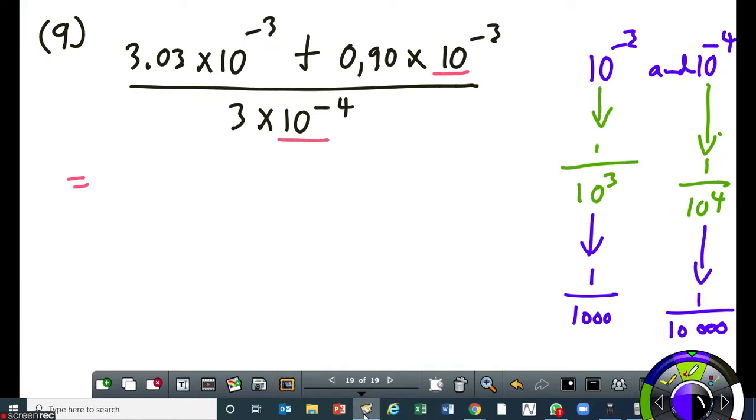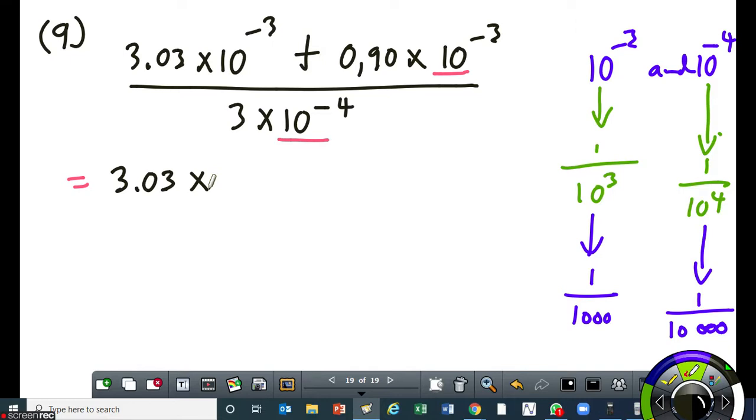So if I want to find the highest common factor of those two, it's going to be 10 to the power of minus 4. Sorry, sir, wouldn't 10 to the power of minus 4 be the lowest common multiple? Remember, here we are talking about negative exponents. 10 to the power of minus 3 is greater than 10 to the power of minus 4.